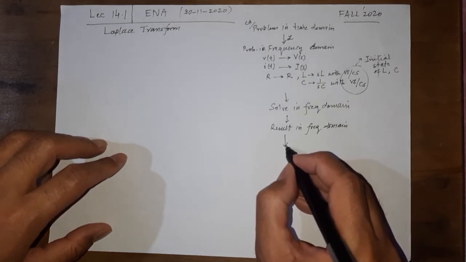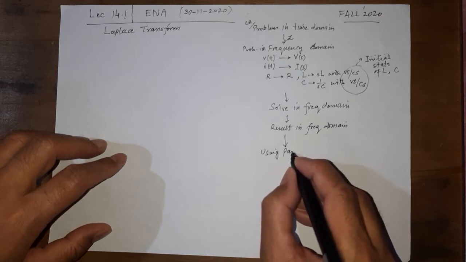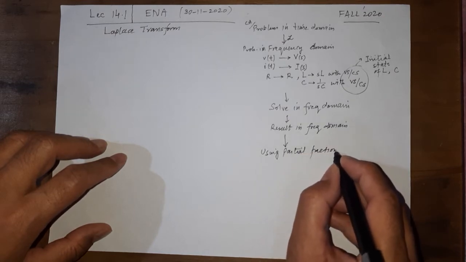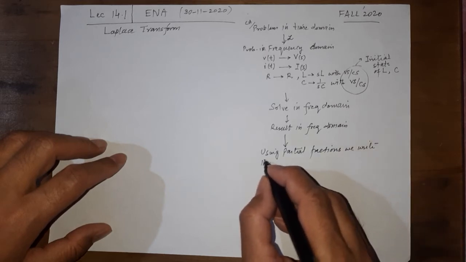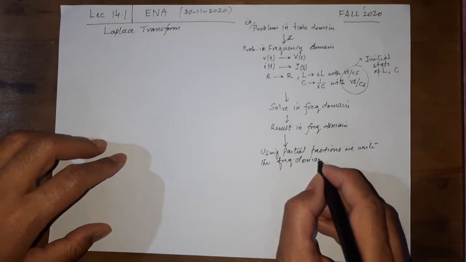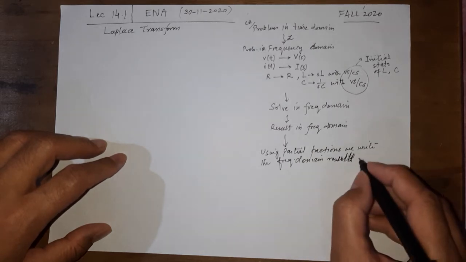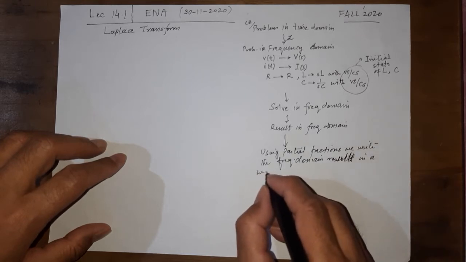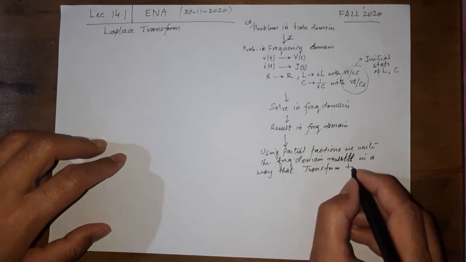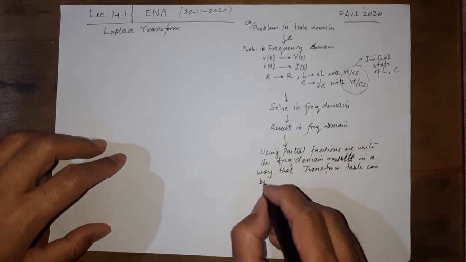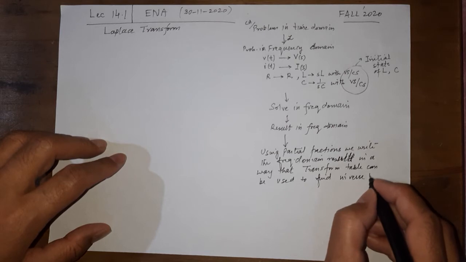Then we employ techniques, using partial fractions mostly, to write the frequency domain result in a way that the transform table can be used to find the inverse transform.